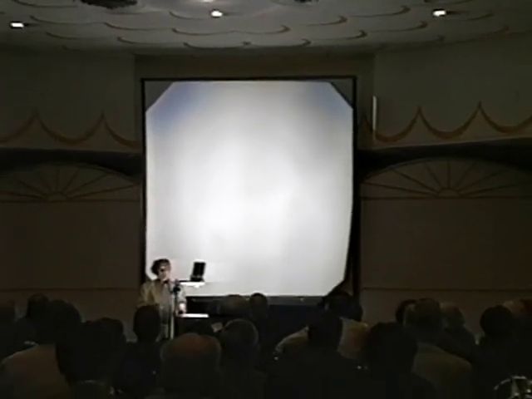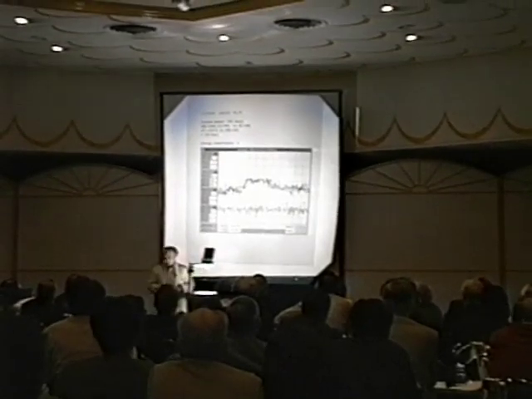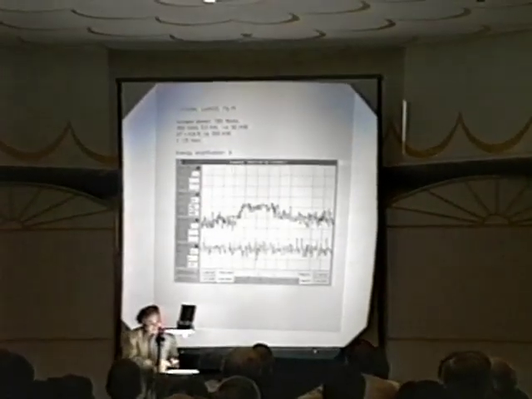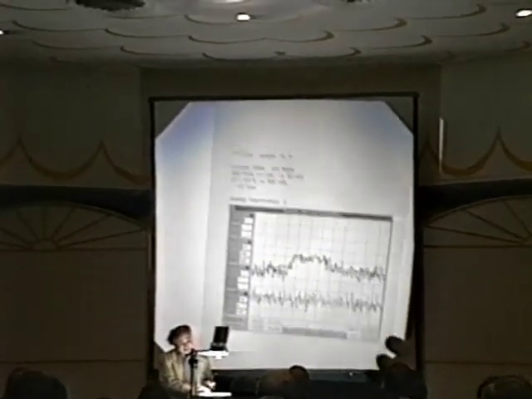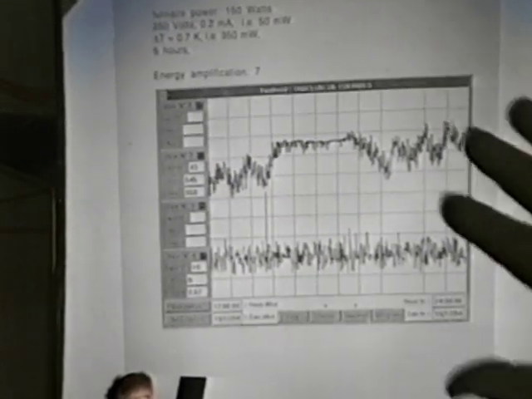So we only have neutrons once. But maybe it's not neutrons. It looks like neutrons. If you have a neutron detector, you measure something, you believe it's neutrons, but maybe it's not. It could be something else. Noise. Another one with amplification of 6. And another one with amplification of 7.